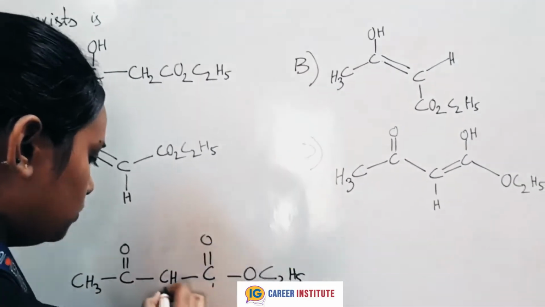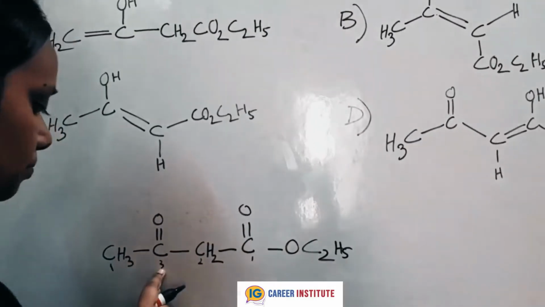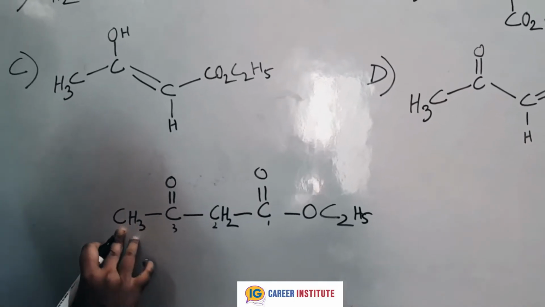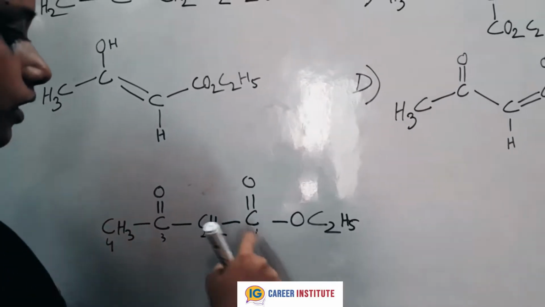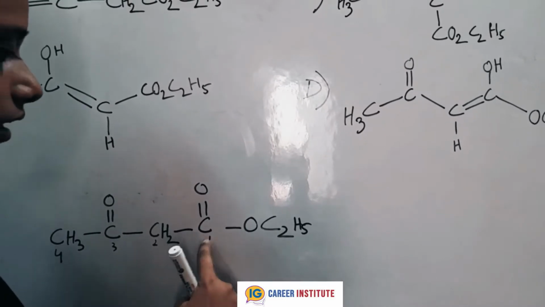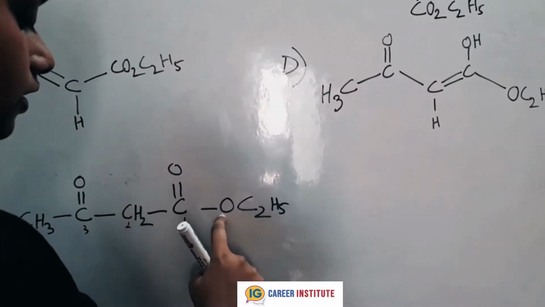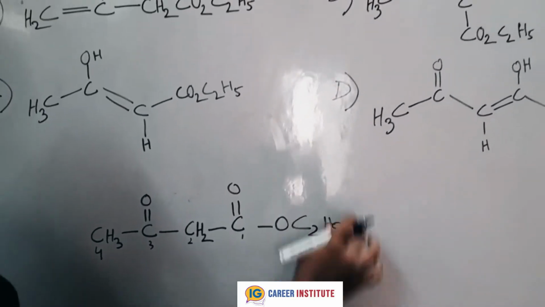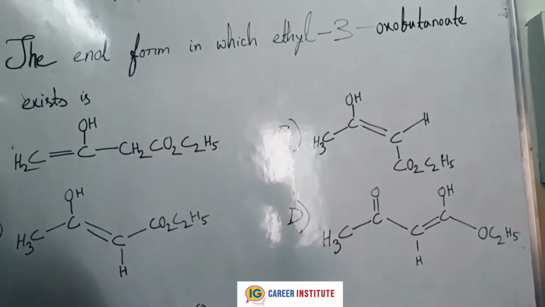At 3 position I have put the oxo functionality, that is the ketone functionality, and then there's the butanoate functionality at carbon 1, and ethyl is attached with the oxygen here. So this is basically the structure of ethyl 3-oxobutanoate.